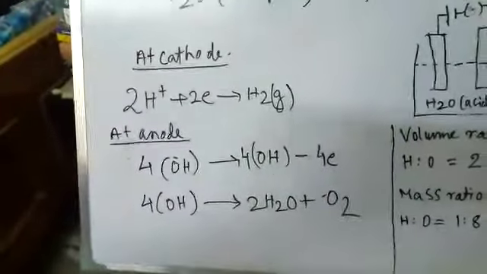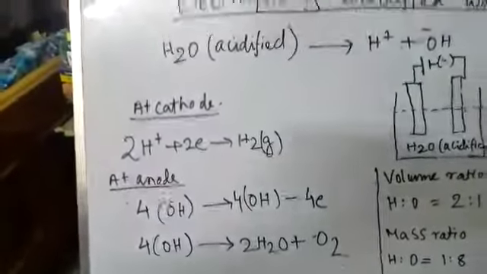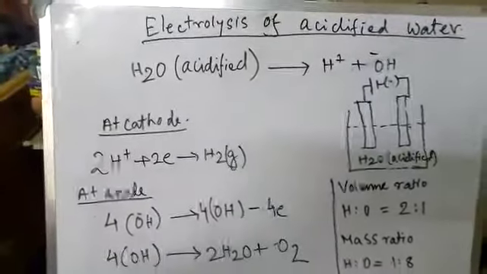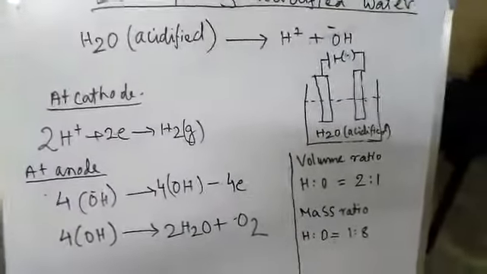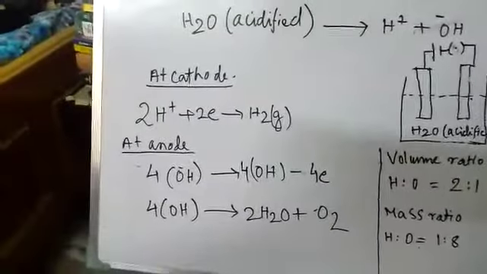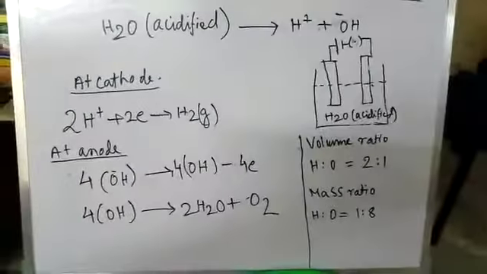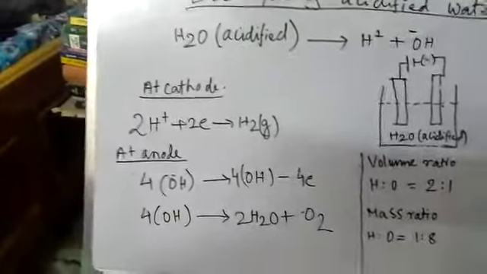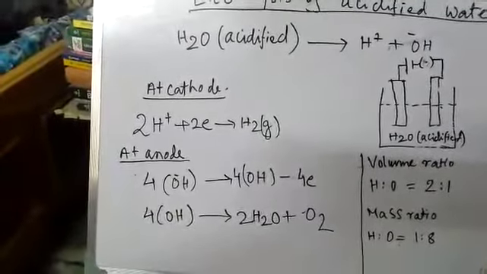So this is the chemical change that occurs during the electrolysis of acidified water. So we get hydrogen gas at the cathode, and oxygen gas at the anode.